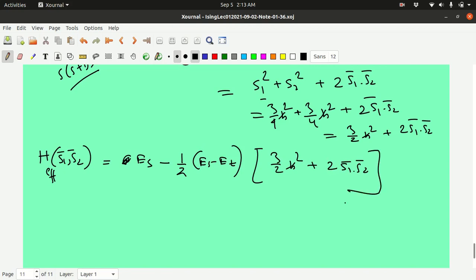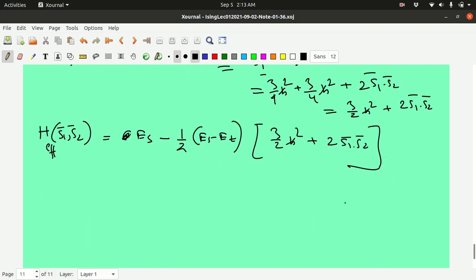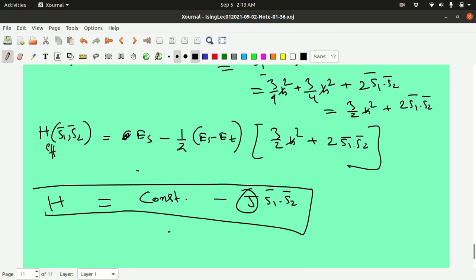And then you will get some constant, plus minus J S1 dot S2, where J is also some constant.